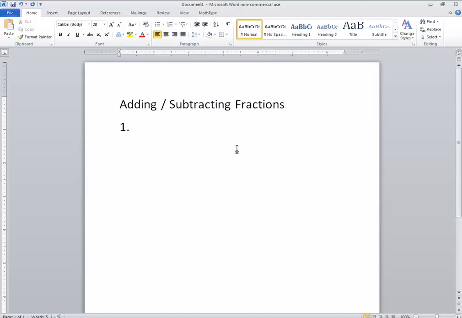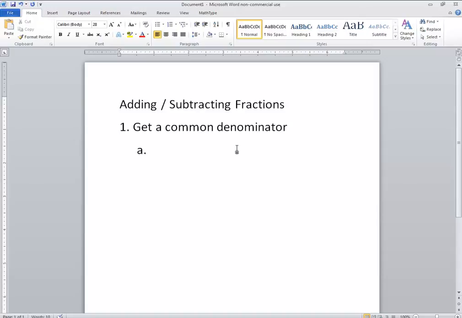Now, first step is we want to get a common denominator. And to figure out what the common denominator is, we have different steps involved.